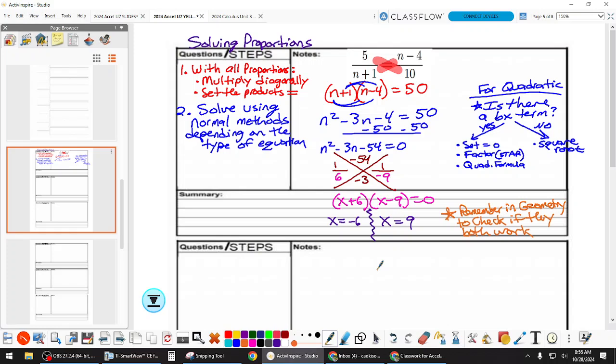If this was a linear equation, it solves the same. The solving step is different, but the idea of what we do next is the same. So cross multiply, set equal, and solve as usual. Any questions on this?